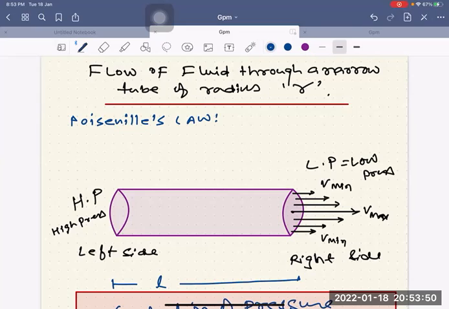For the volume of the liquid flowing per unit time. Volume of the liquid or fluid, गैस के लिए भी होंगे. Volume of the liquid or fluid per unit time. यहीं पे लिख लेता हूँ, per unit time.